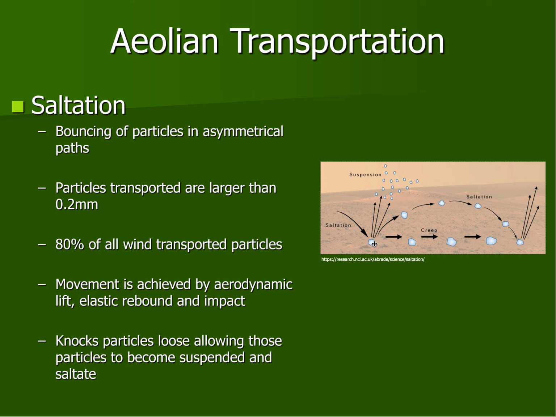When you hit that particle correctly, it's going to move in a parabolic curve up into the atmosphere, and it's going to take on this trajectory until it falls, and if it strikes another particle, it will initiate saltation in that other particle.